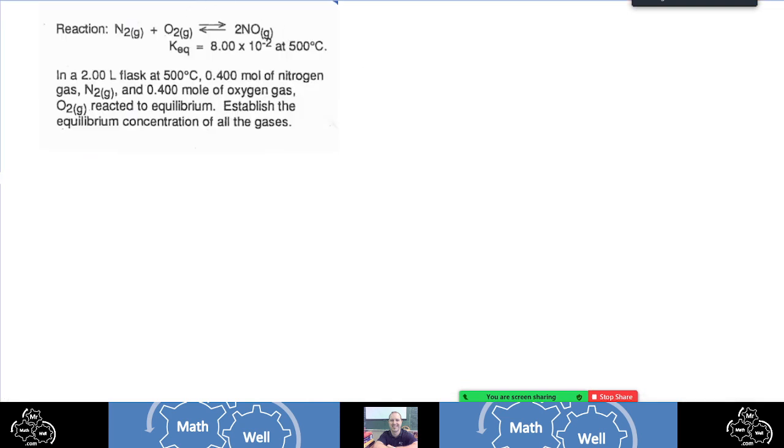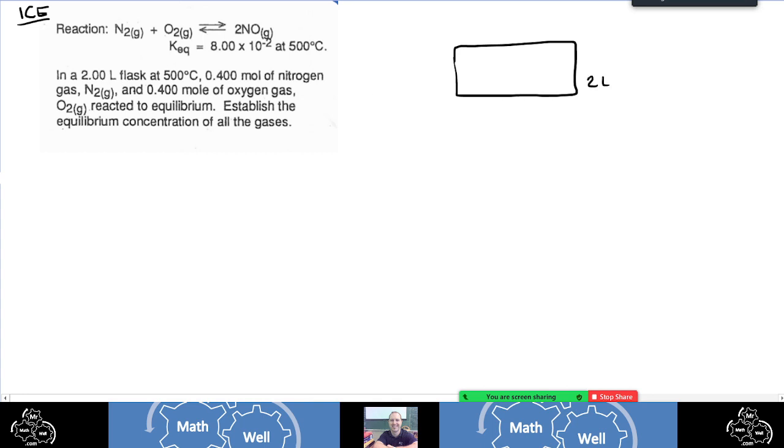Okay, so let's take a look at this question. This is an ICE chart question, finding equilibrium concentration. So remember when we did this unit, we were given some kind of sealed container. Let's just say it's a square sealed container here. And in this question, it tells us that this is a 2-liter container.